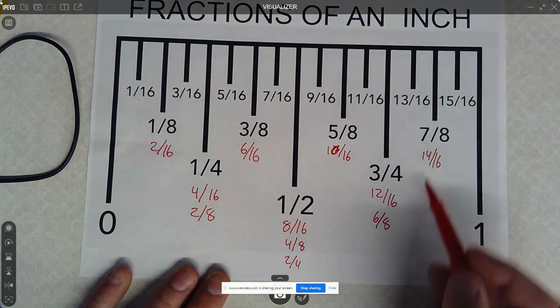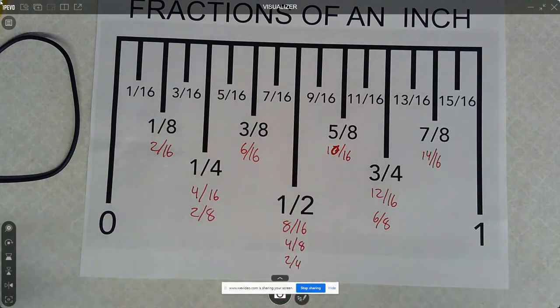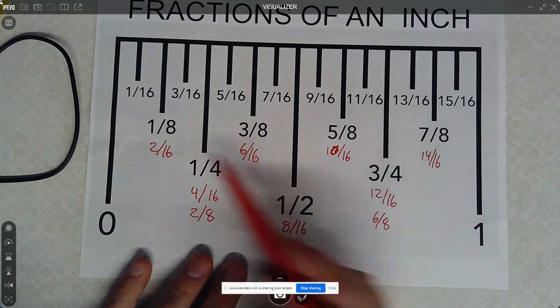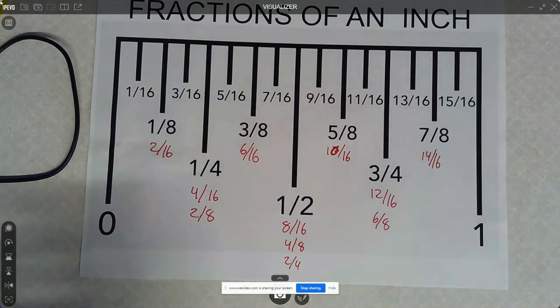All right, I'm showing you these in red, just as if you were to count every single tick mark. You could do that, which is a totally valid way to measure something, but you do need to reduce it to the number that's written in black. So hopefully this visual can help us know how to measure something.